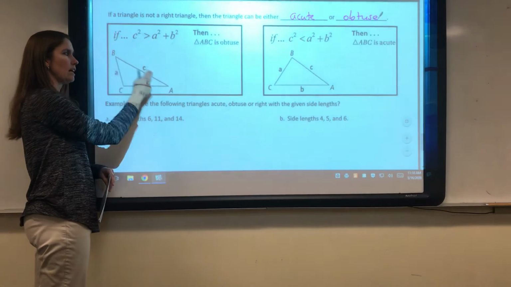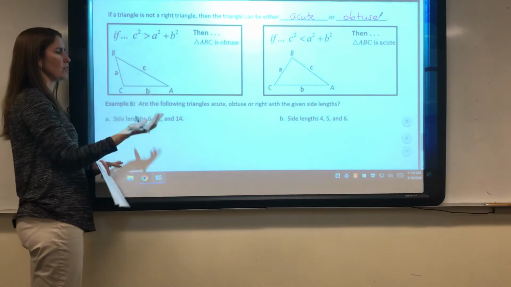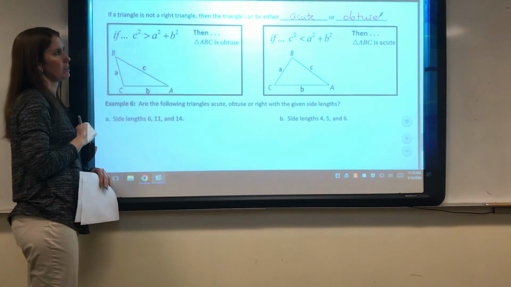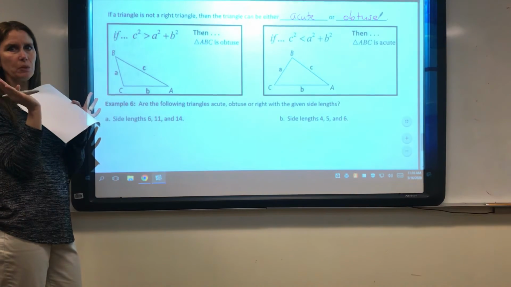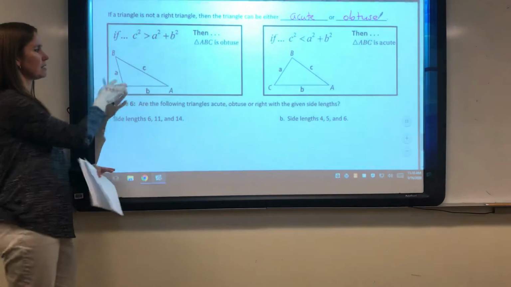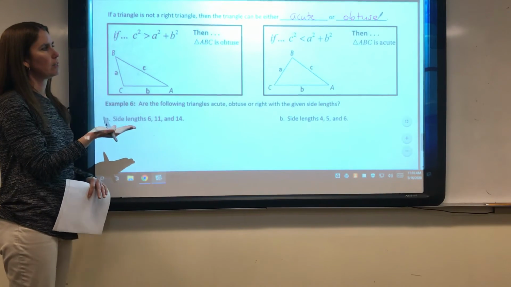Okay, so again, if the hypotenuse side, if you square that, it's bigger than the a squared plus b squared side of the equation, then it's almost like the triangle is opened up even more, and this angle becomes bigger than 90, which therefore makes it an obtuse triangle.